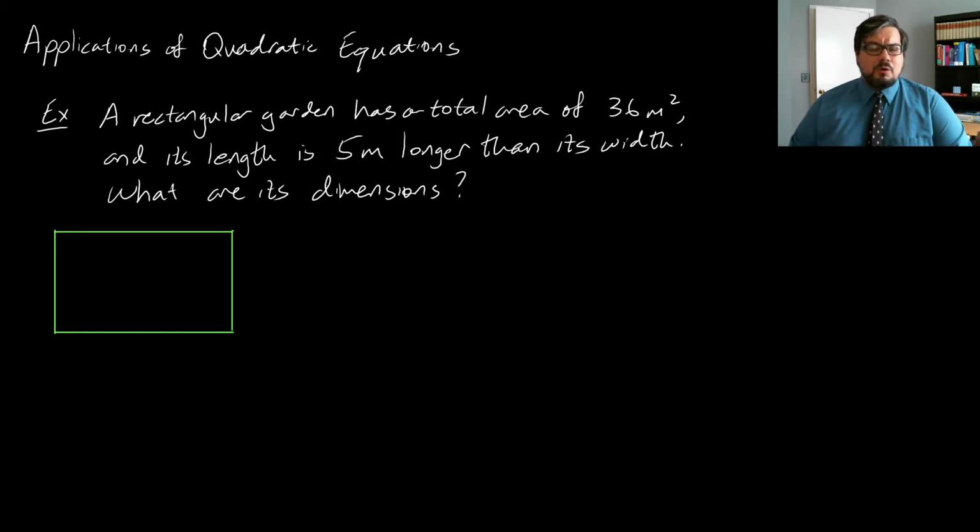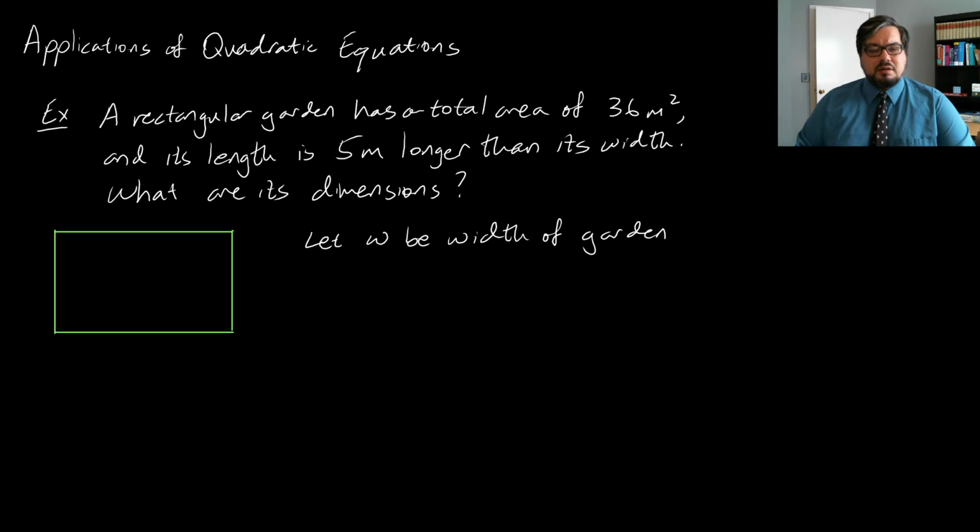As I mentioned before, typically it's easier to use the smaller values as your variables when you have a choice. So in this case, we'll go ahead and we'll let W be the width of the garden. So that's a W right here. And we need to specify that this is being measured in meters.